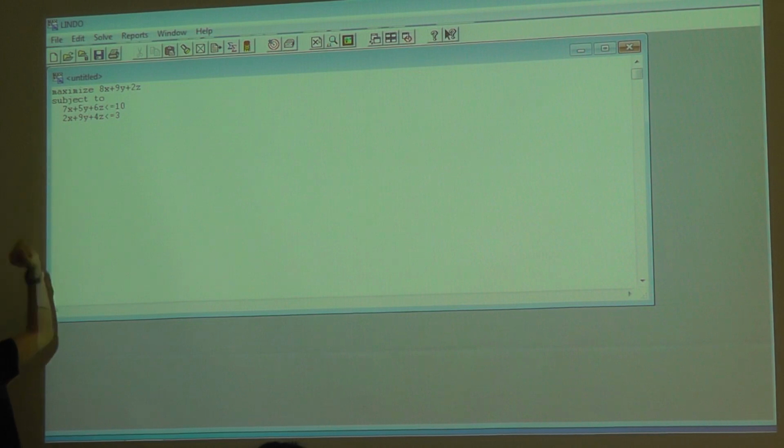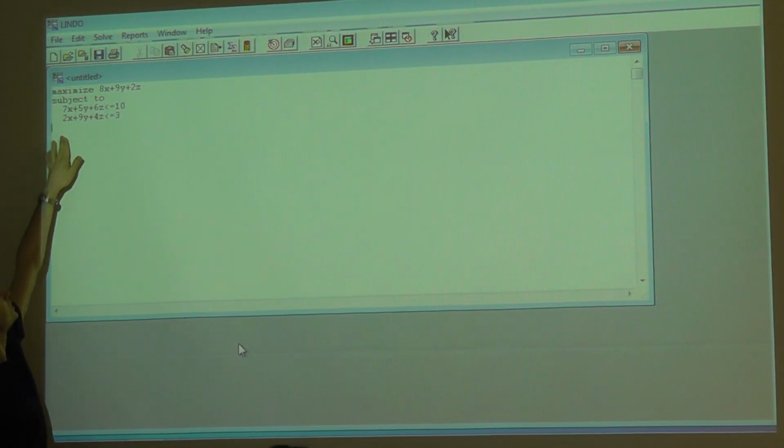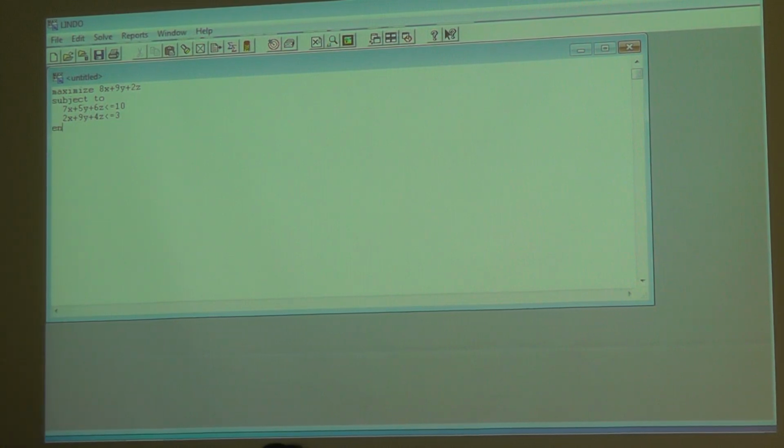So these will be our constraints, and finally, this program is not complete. You should add the word "end". It will say that now you've listed all the constraints.